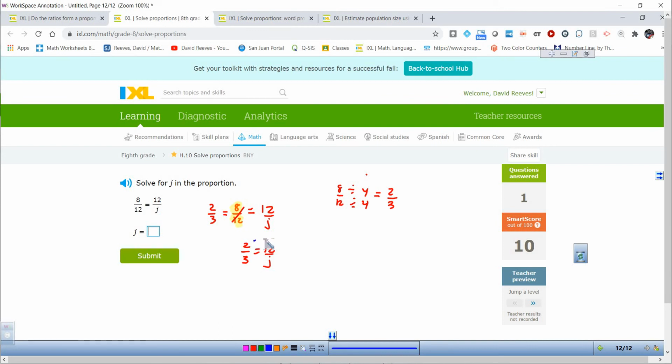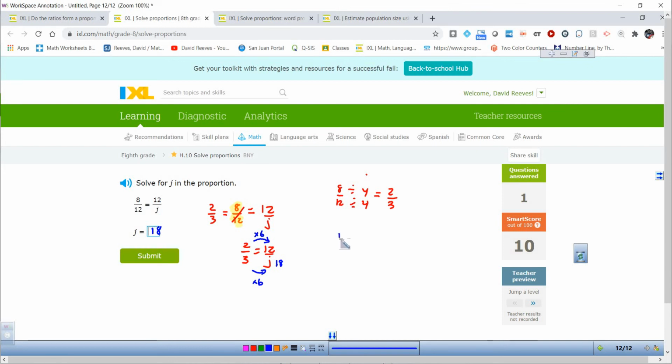Because now I can say, okay, 2 goes into 12 6 times, right? So if this second numerator is 6 times that first one, then this one also must be 6 times as well. And I get 12 over 18, right? So the answer I'm looking for is 18.